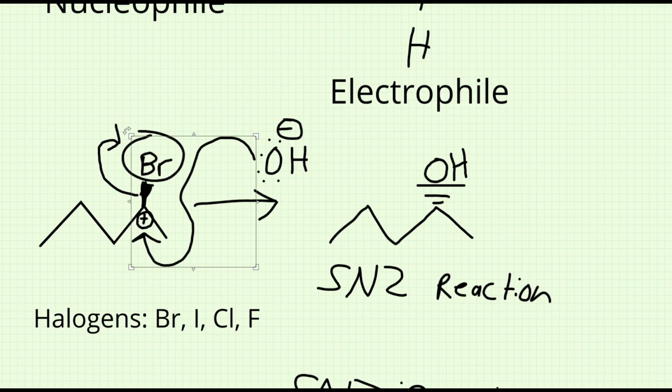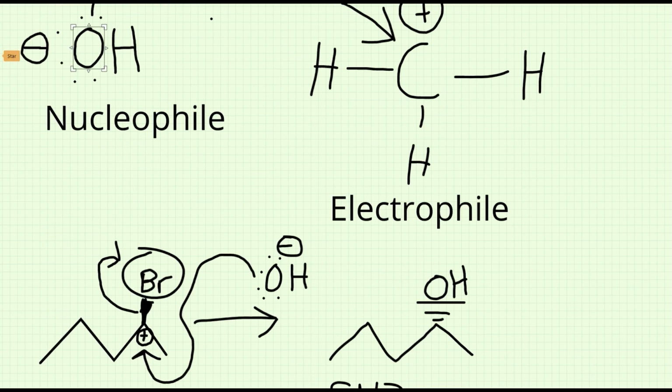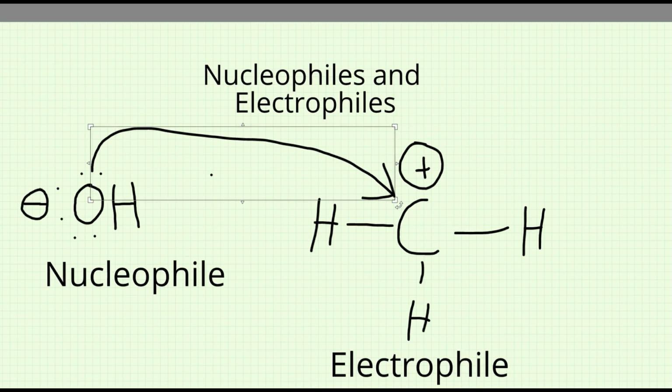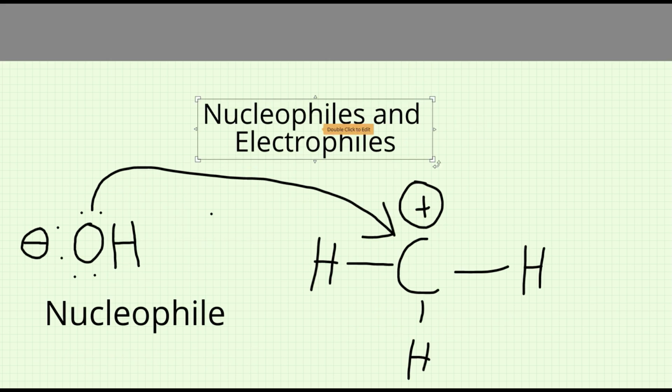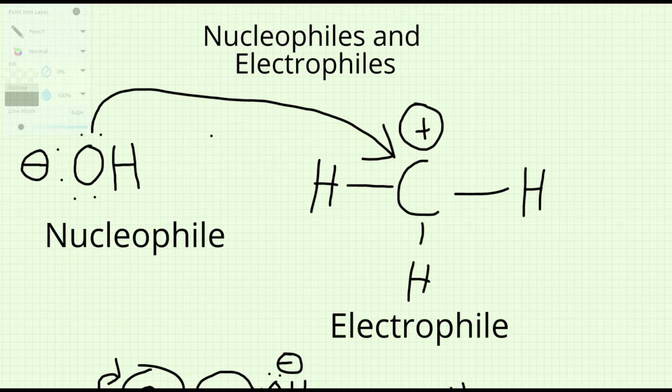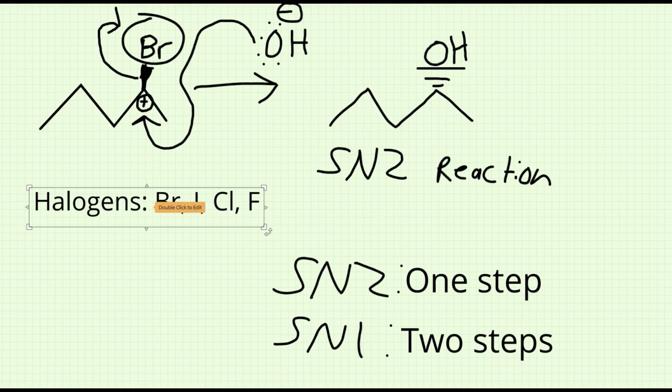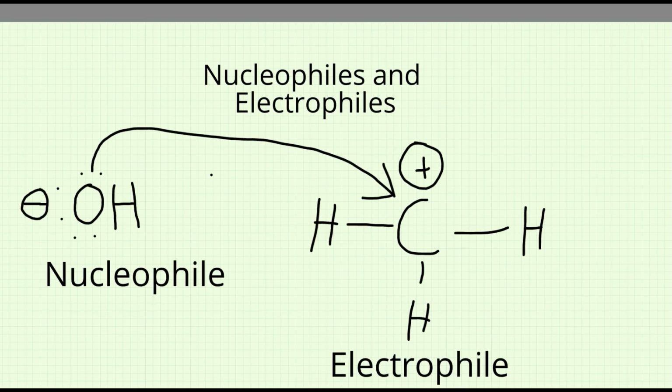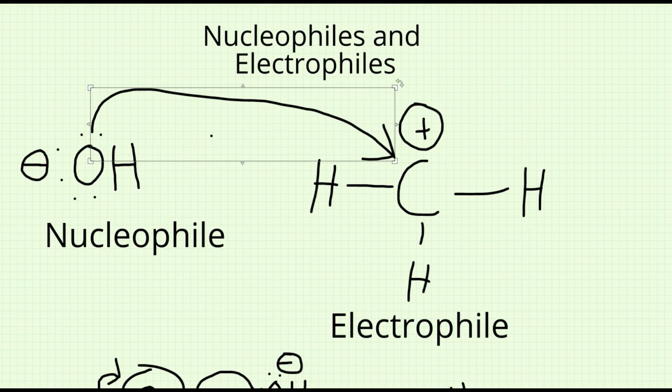So if it's a wedge, it's a dash. If bromine was on a dash before, it is now on a wedge. So that is essentially a quick rundown of what a nucleophile and electrophile are. Please let me know if I messed anything up or if I could explain something better. I am still an undergrad student, so I don't know everything, but please let me know what I got wrong in the comments.